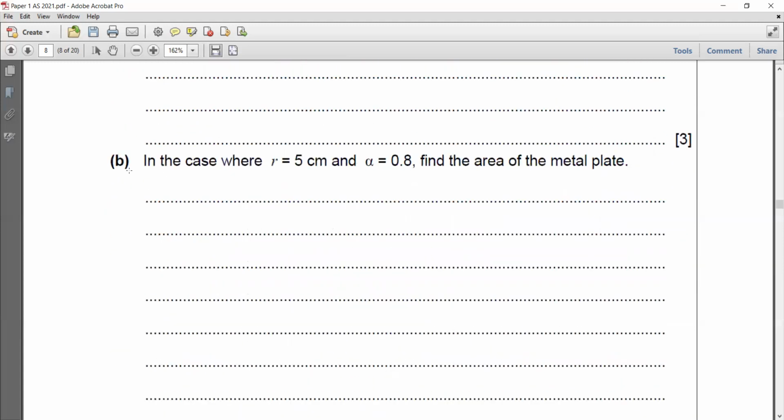So the total area is the area of the unshaded plus the area of the shaded. Now keep in mind that this is in radians. So if it involves any sine, cos, and tan, make sure your calculator is in radian mode.